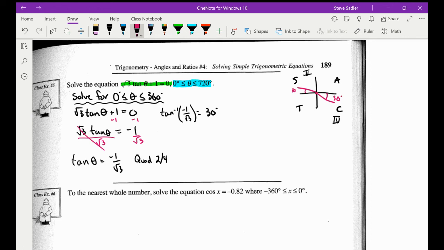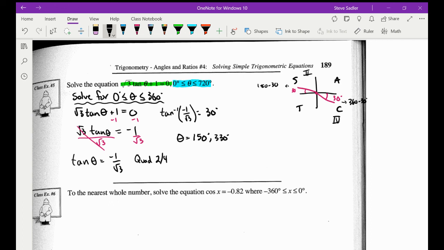And so we know that our rotation angles are going to be: this one up here will be 180 minus 30, so we get 150. And this one in the fourth quadrant will be 360 minus 30, and we get 330.